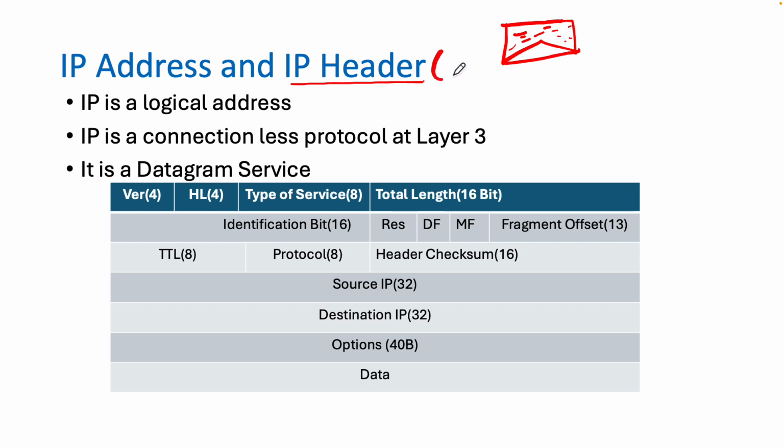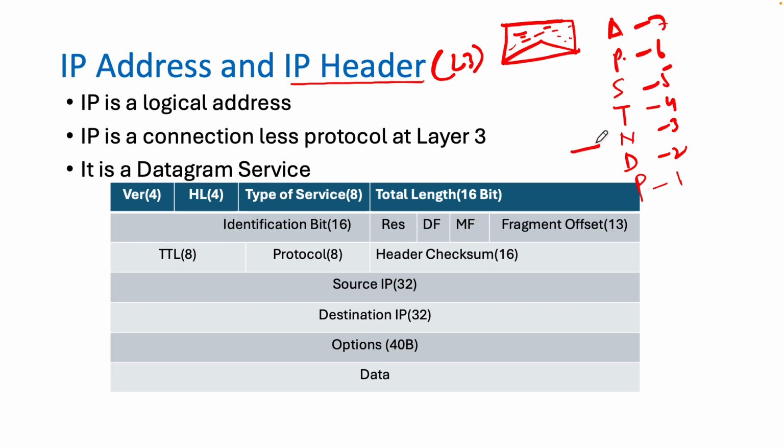So here we are talking about layer 3, that is IP header. You know the OSI model: application layer, presentation, session, transport, network, data link, physical. This is layer 7, 6, 5, 4, 3, 2, 1. So we are here right now. The transport layer sends segments or user datagrams, right, over to the network layer.